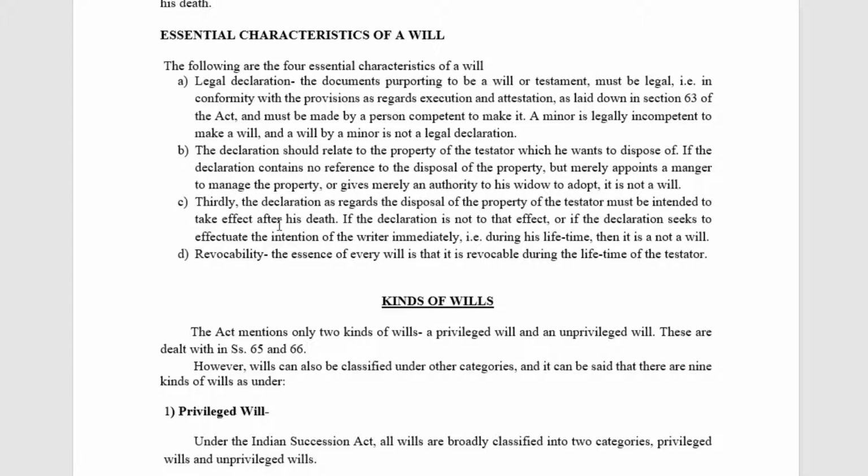So these are the characteristics of a will. And the other characteristic is that the will has to come into effect after the death of the person. And the other requirement is that provision has also been made with regard to the revocation of the will.